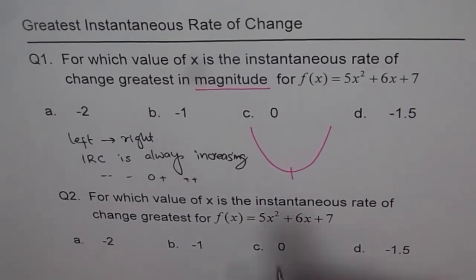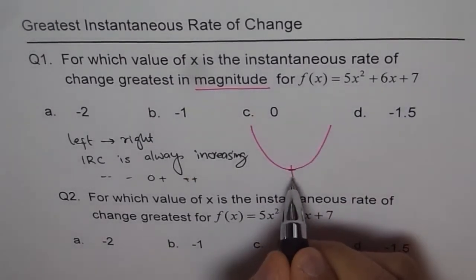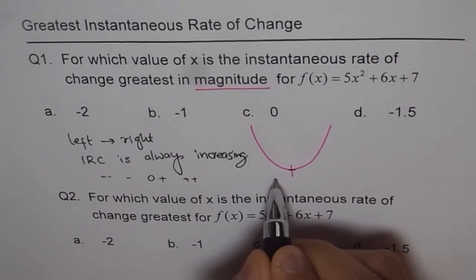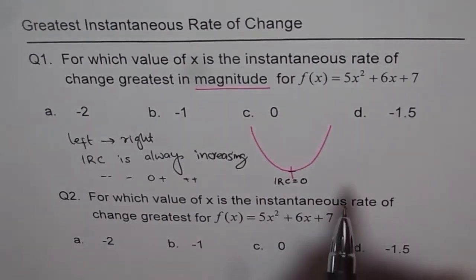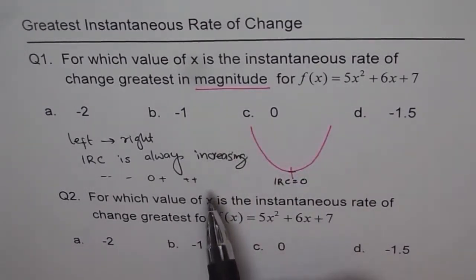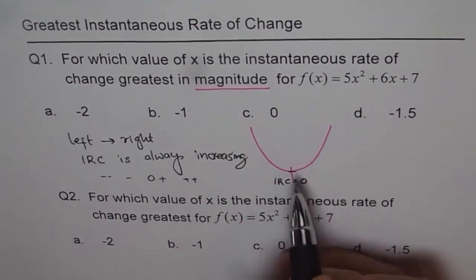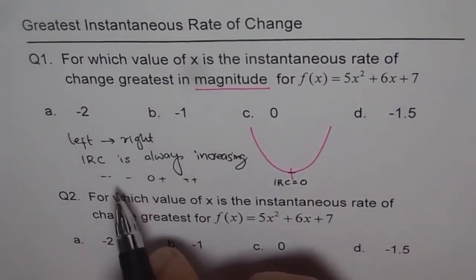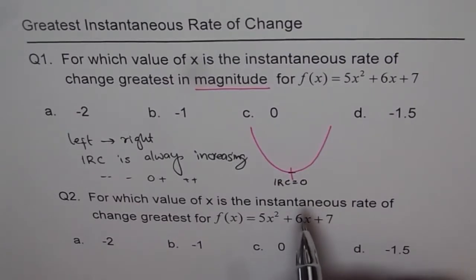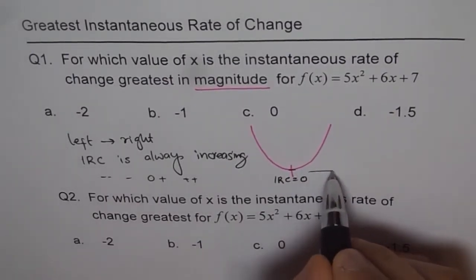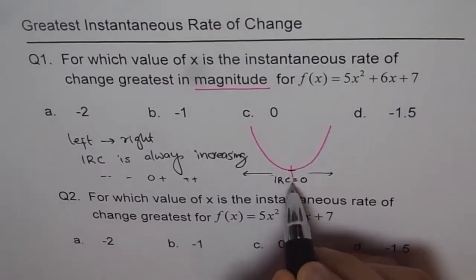The second part is that right at the turning point, we know the instantaneous rate of change is 0. Now, let's consider question 1, magnitude. Magnitude means we are not worried about the sign now. The steeper it is, the more magnitude. That is what we are looking for. As you go away from the center, it gets more and more steep.